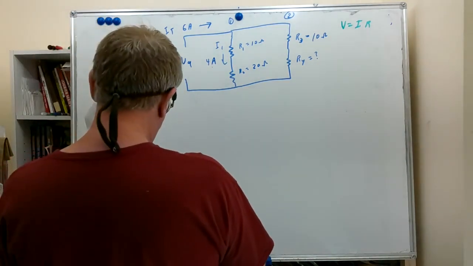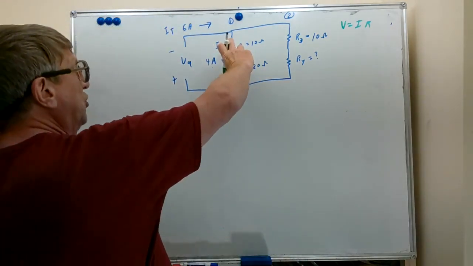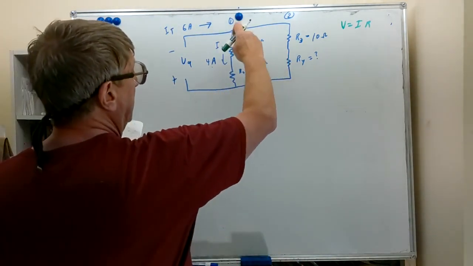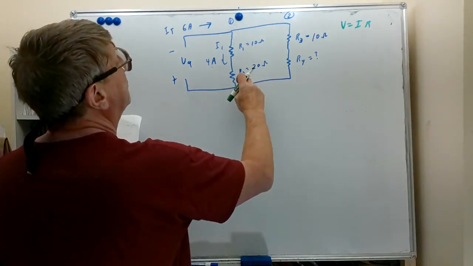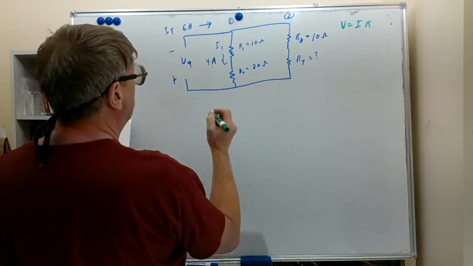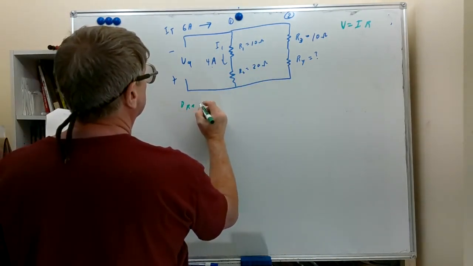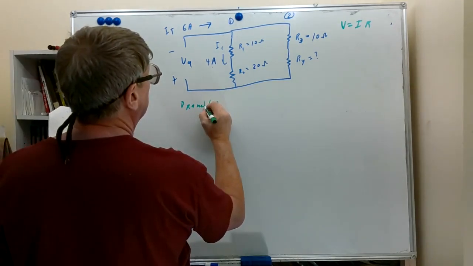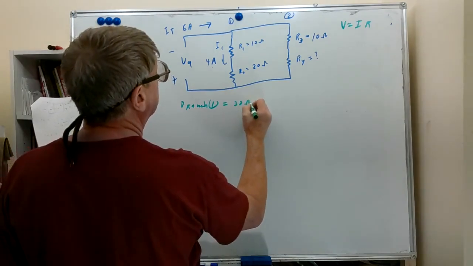Since voltage equals I times R, and we can see that the total resistance in branch 1 is R1 plus R2, 10 plus 20, which is 30 ohms, so we're going to say branch 1. We have 30 ohms there.